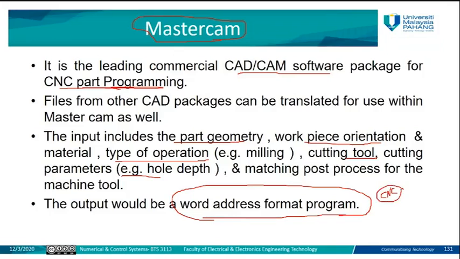The difference between these three methods is how we generate this code. Do we generate it manually by an expert programmer? Do we generate it with the help of the design and the programmer? Or do we generate it using CAD/CAM software, which generates this code with the help of existing packages for generating G code?